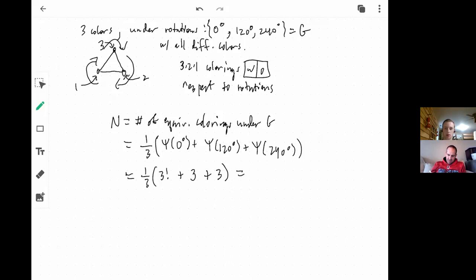So this is 12 divided by 3, which is 4. Interesting.